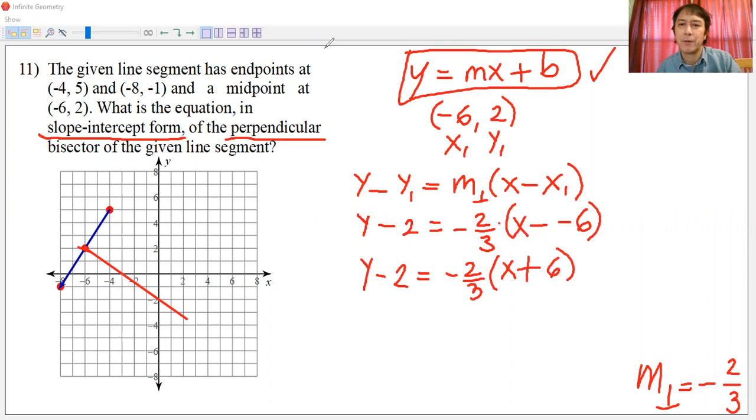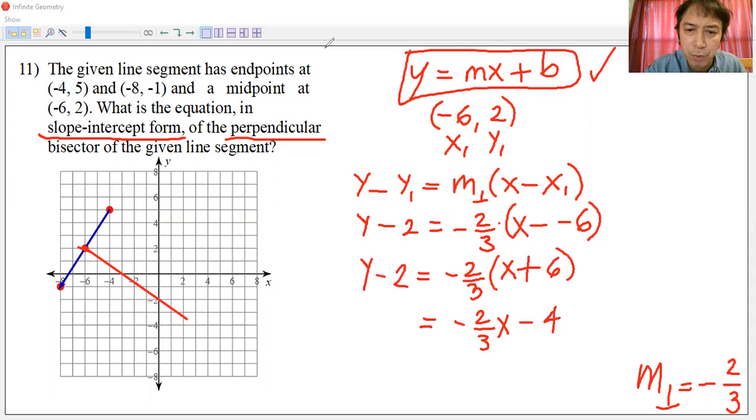Let's distribute the negative 2/3. This will be negative 2/3 x, and then a negative product of 2/3 and 6. So 6 cancels out with a 3, and that gives us 12 over 3, so that's a 4.